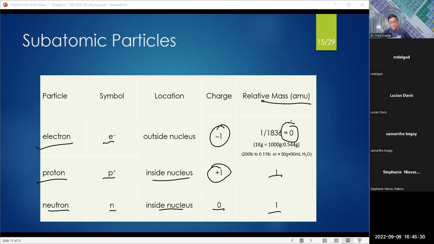It really isn't 0, but it's so tiny it's essentially zero mass, yet it has such a large effect on the chemical properties of all around us, because all chemical reactions occur on the electrons. That's where all the action is.